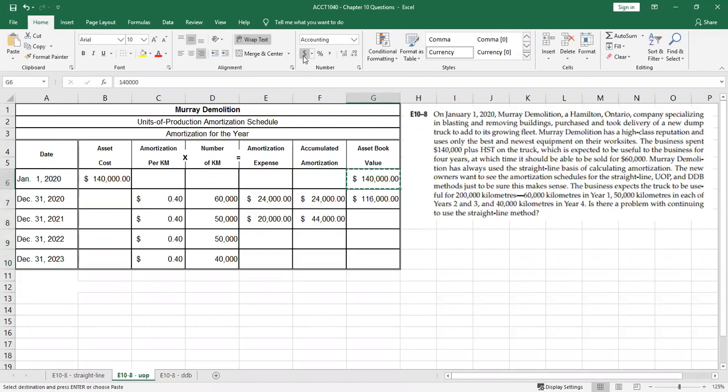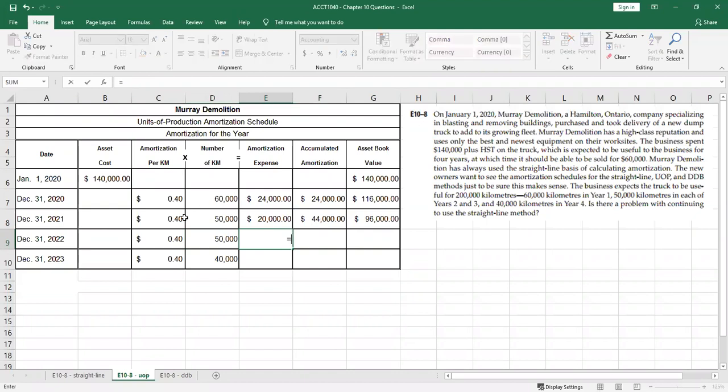Okay, asset book value will just be 140 minus what we've accumulated to date, which is now 44,000. So asset book value is now $96,000. December 31st, 2022, because we also drive this vehicle for 50,000 in this year, these figures are going to be the same.